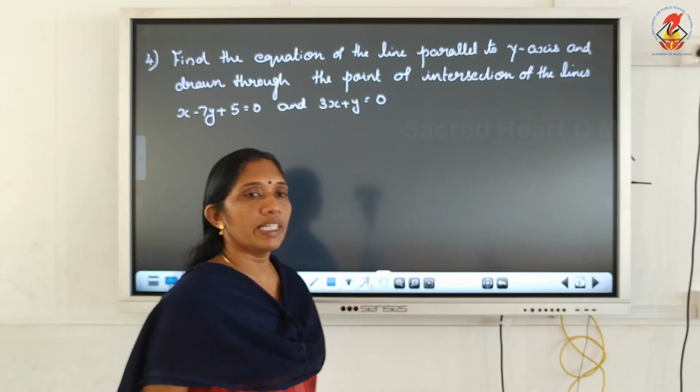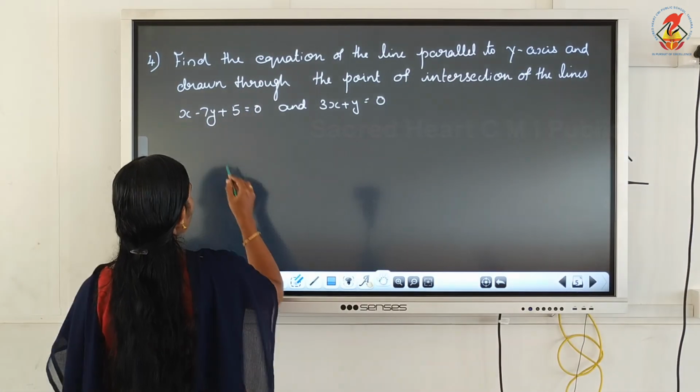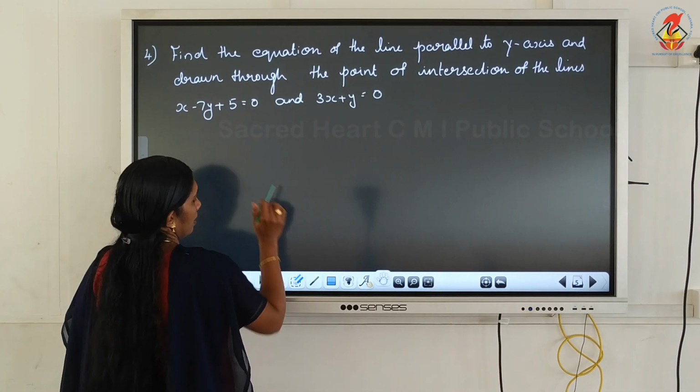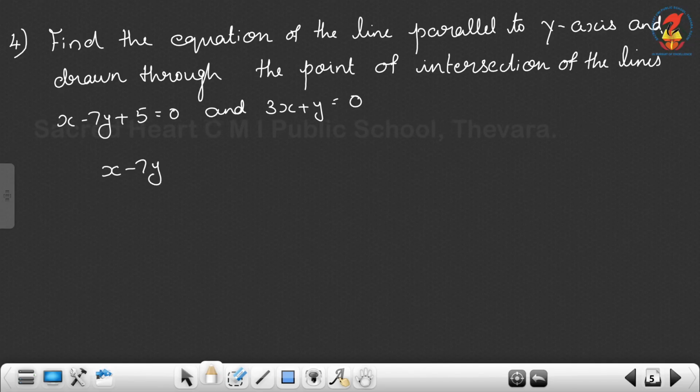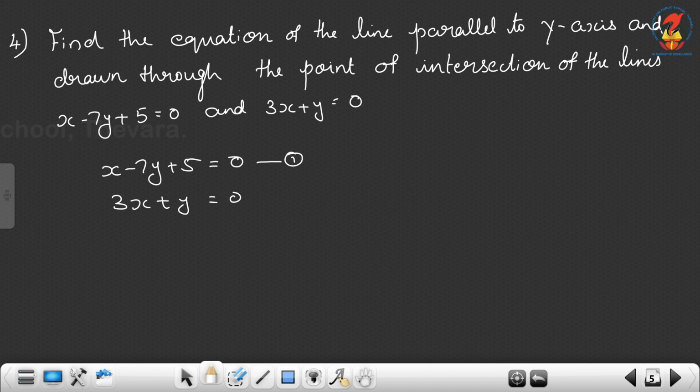So first we can find the intersection. What is the intersection of the given lines? So x minus 7y plus 5 is equal to 0. That is the first equation. And 3x plus y is equal to 0. That is the second equation. Okay. Or the first equation we can write as x minus 7y is equal to minus 5. The second equation 3x plus y is equal to 0.